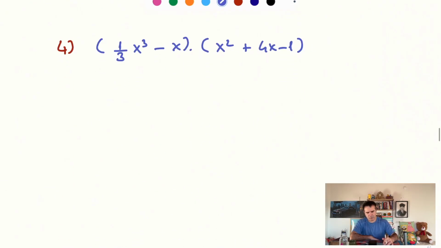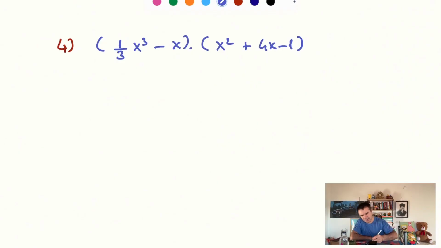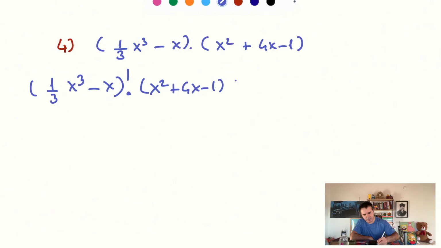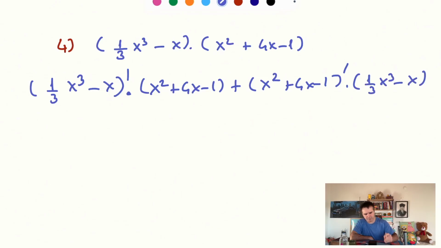And the fourth one. Again, the derivative of 1 over 3 times x cubed minus x, times x squared plus 4x minus 1, plus the derivative of x squared plus 4x minus 1, times 1 over 3x cubed minus x.